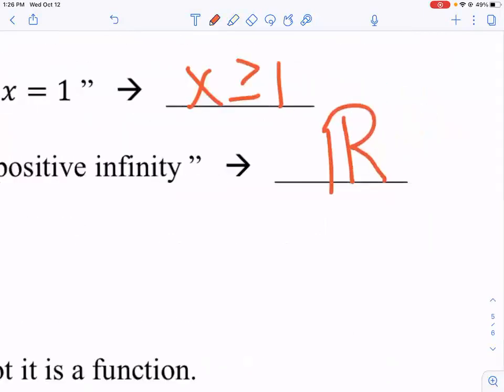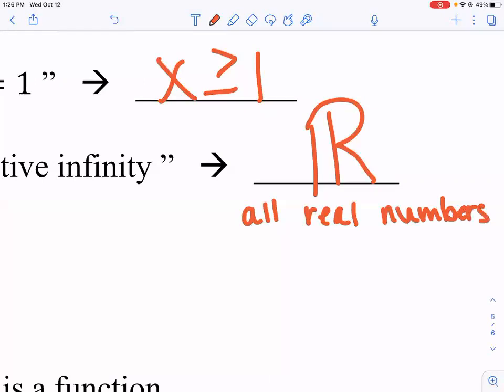Have you seen that before? Anytime you have all real numbers, like you go all the way to the left, all the way to the right, all real numbers, we're going to write this double back R. I don't know what you want to call it. It has like 2 backs, right?